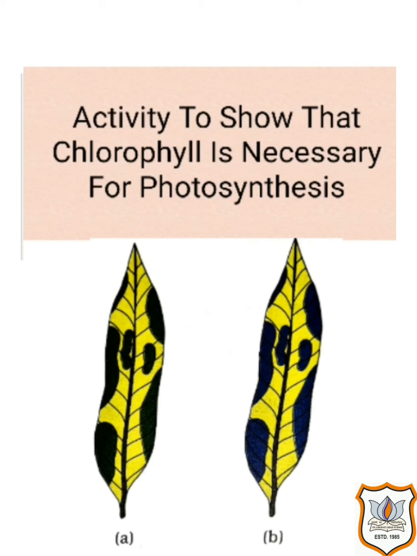Boil this plucked leaf in a beaker full of alcohol, kept in a boiling water bath for some time till it becomes colorless. Wash and clean this colorless leaf with water and dip it for a few minutes in dilute iodine solution. Observe the color of the leaf and compare this with the tracing of the leaf done in the beginning.